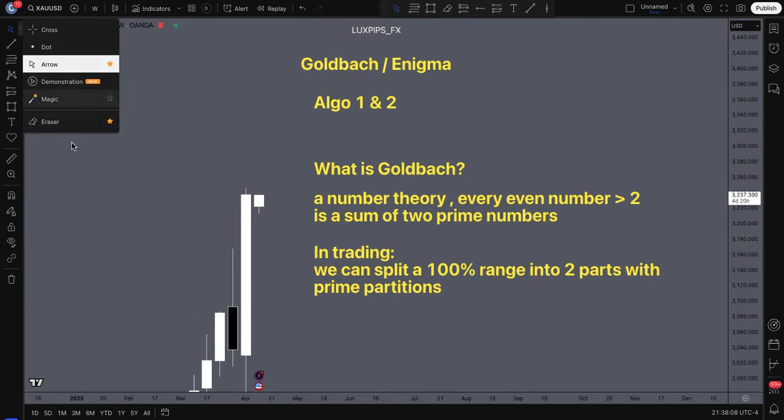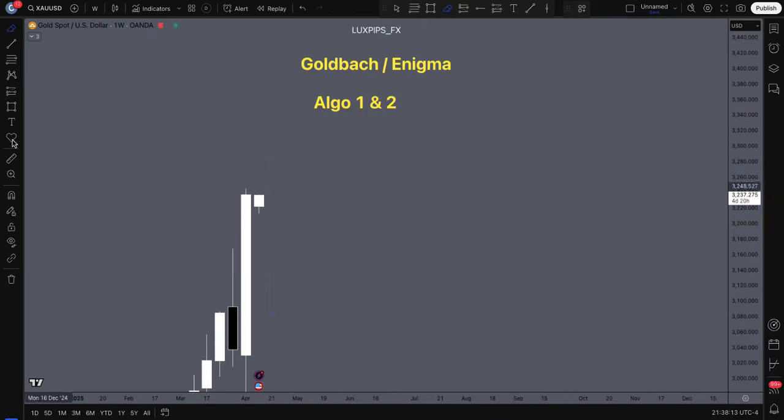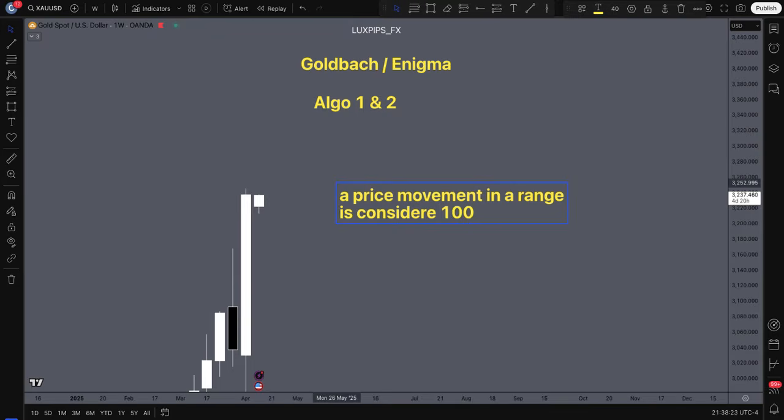So, let's give a little more detail. A price movement in a range is considered 100%. A 100% move. So, 100 is an even number.